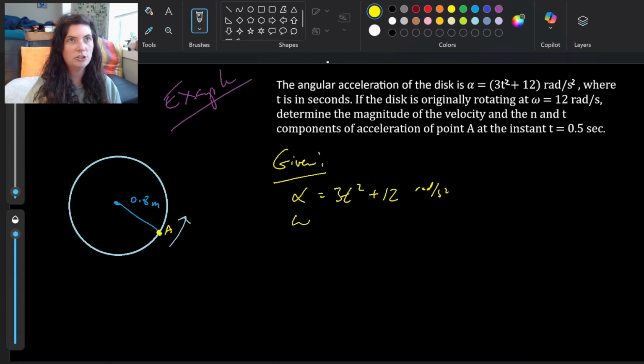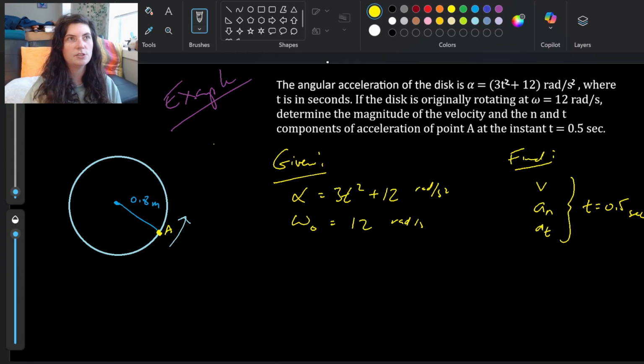And then our initial angular velocity is 12 radians per second, and we want to find the magnitude of the velocity, and the normal and tangential components of acceleration, all when t is 0.5 seconds.